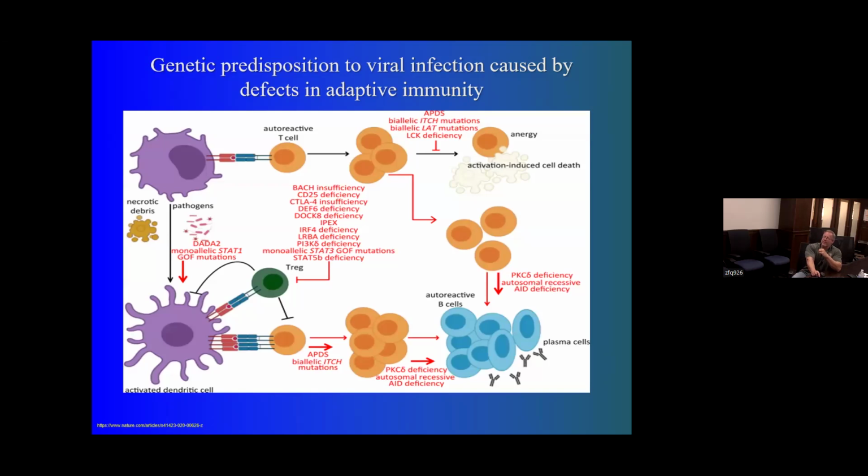If we look at these adaptive immune deficiencies, we can see, again, as indicated up here on the slide, these are all coded in red. When you have a T cell that's maintaining some of these genetic deficiencies, some of these inborn errors of immunity where the T cell can't function and signal properly, you lead to T cell anergy.